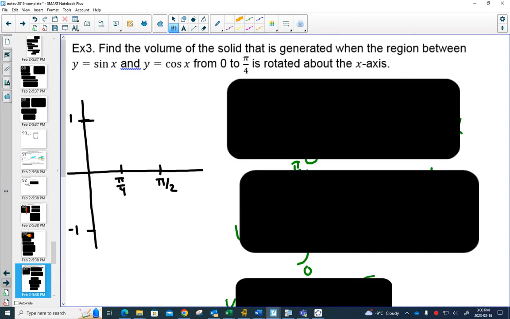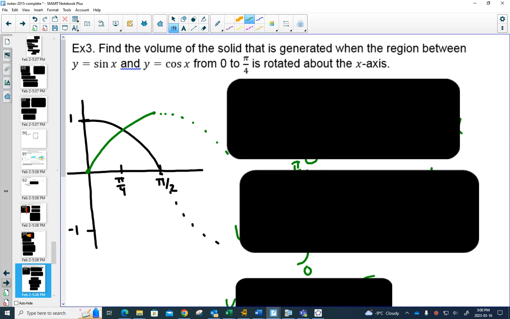Cos graph would look like this. That would be part of our cos graph from 0 to pi over 2. And then, of course, it would keep going like that. Our sine graph, which I will do in green, would be at a maximum at pi over 2. And it would keep on going like that.